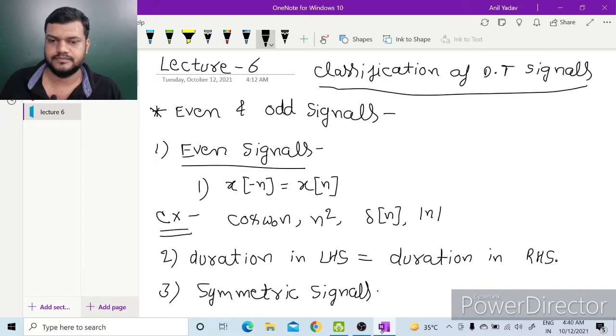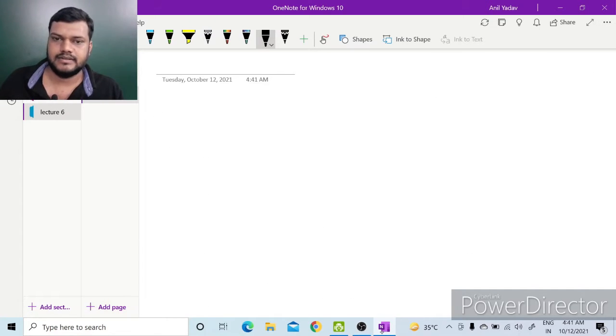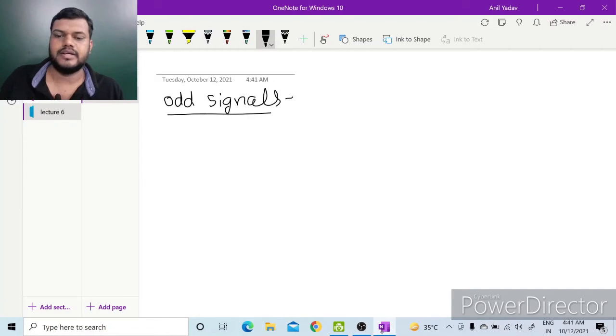Now second is odd signals. Any arbitrary signal x[n] is odd if it satisfies x of minus n is minus of x of n.